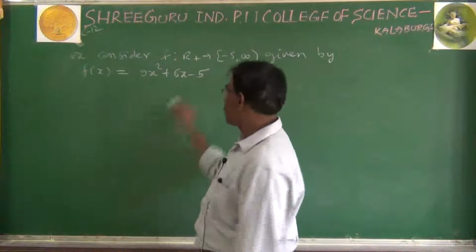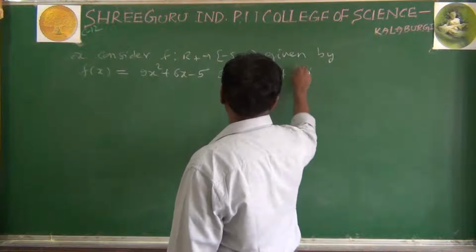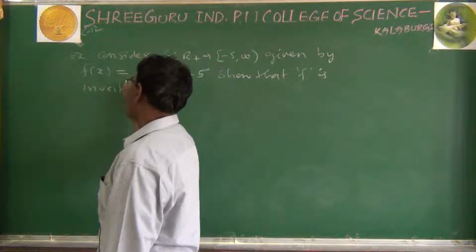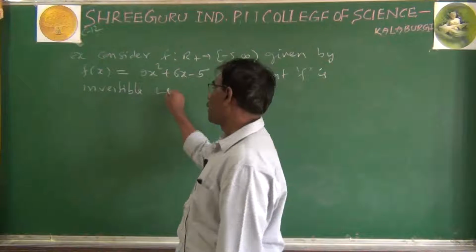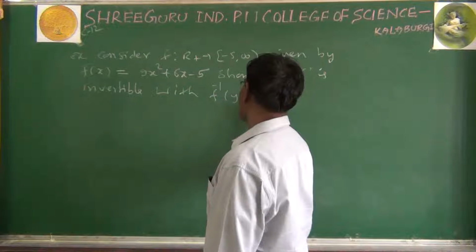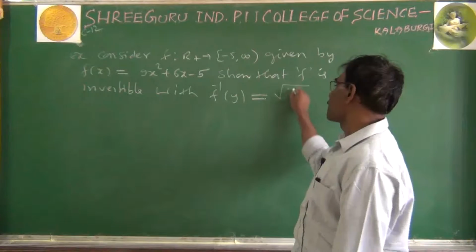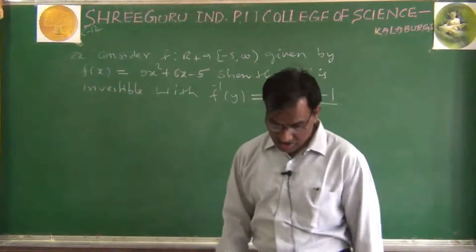Show that f is invertible with f inverse of y equal to root of y plus 6 minus 1 by 3.